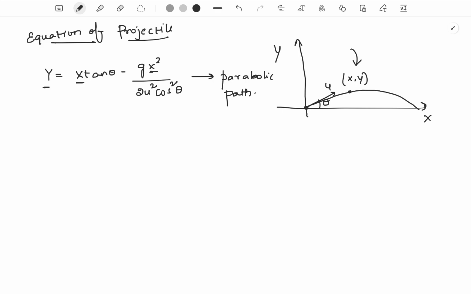So if it's projected making a certain angle with the direction of that acceleration, the particle follows a parabolic path. This same relation we can write in a different way. If we take x tan theta common, we get x tan theta of 1 minus g x divided by 2 u square cos square theta into tan theta.